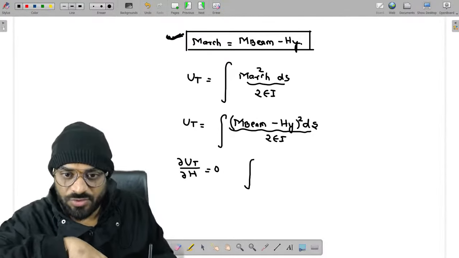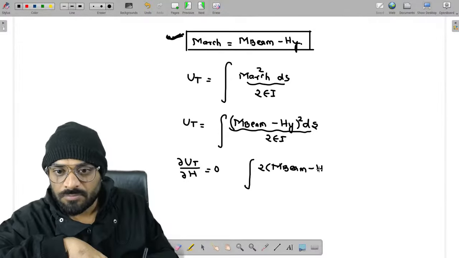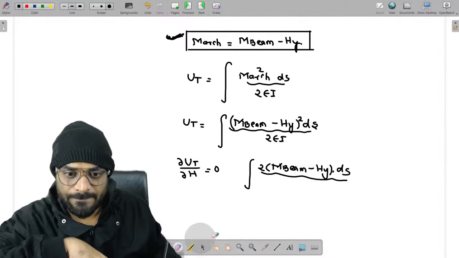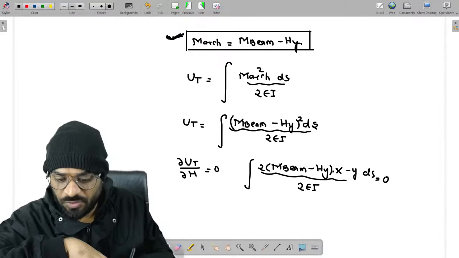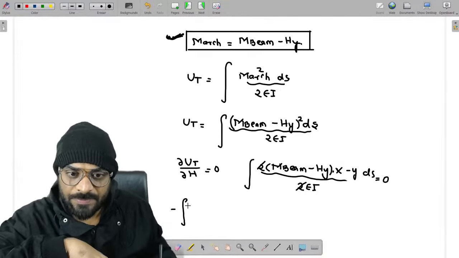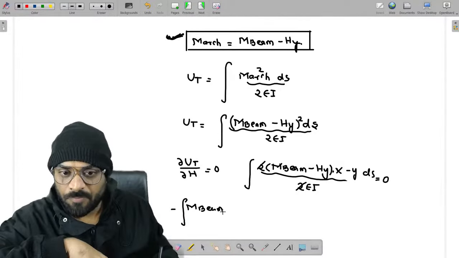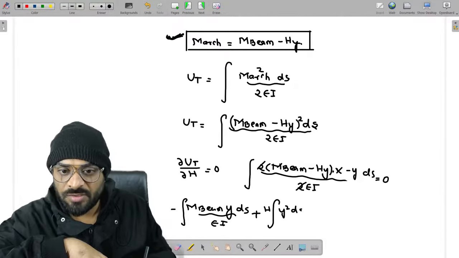If it is equal to 0, then the derivative will be twice of M beam minus Hy ds multiplied by minus y ds divided by 2EI, and it should be equal to 0. 2 and 2 cancel. Now guys, our equation will be minus integration M beam multiplied by y ds divided by EI plus integration H into y square ds upon EI, and it should be equal to 0.